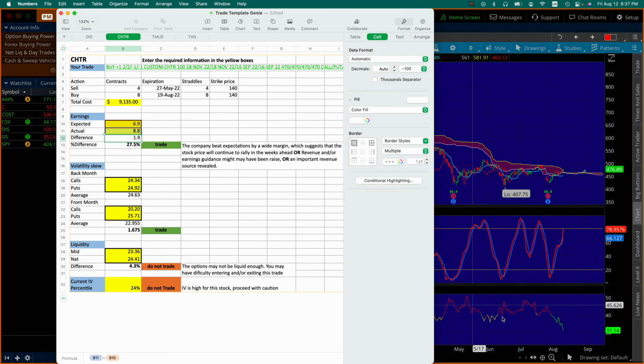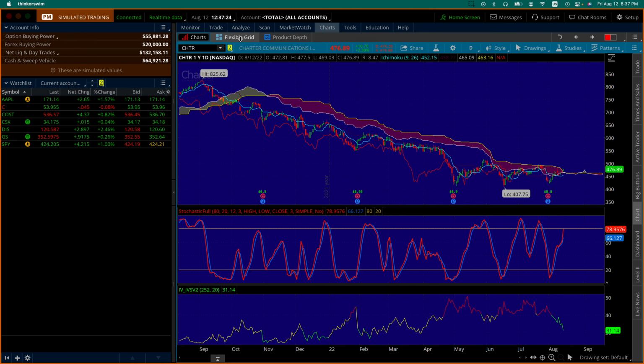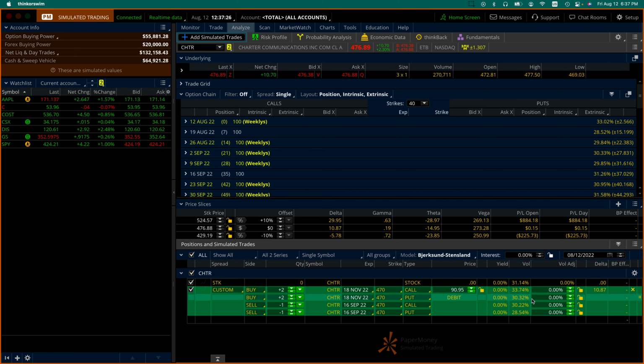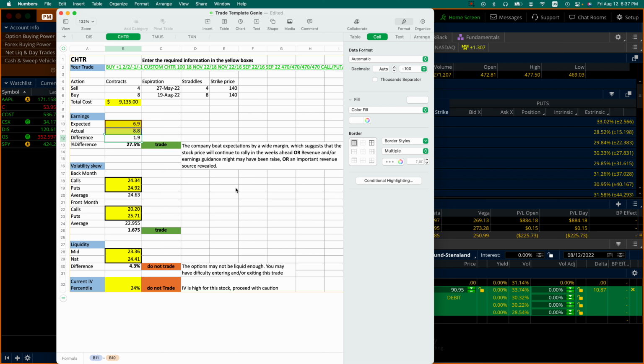Okay, so let's look at the volatility. It has dropped significantly, but let's go to the volatility skew of our trade here at the bottom right corner, and enter our numbers here. I'm copying from here. The top 2 are the back month, and the bottom 2 are the front month.